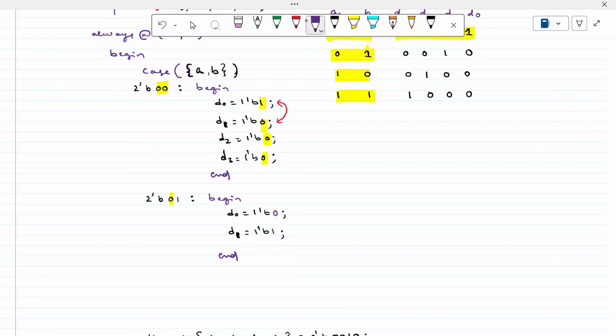What I'm saying is that this is already assigned with logic 1. What is the default value of a variable A, suppose one variable is there, something like this? If this particular net is declared as a register data type, reg A, then what is the default value of this net?